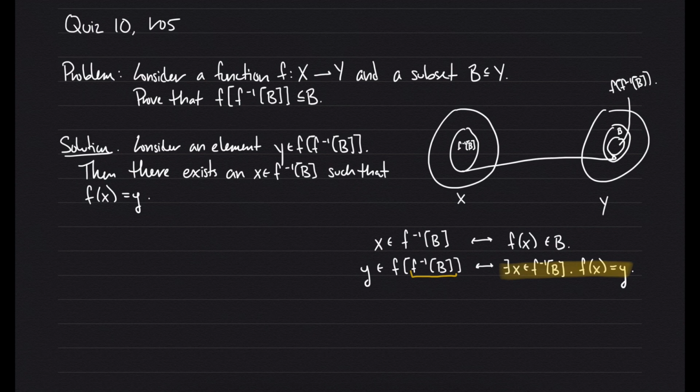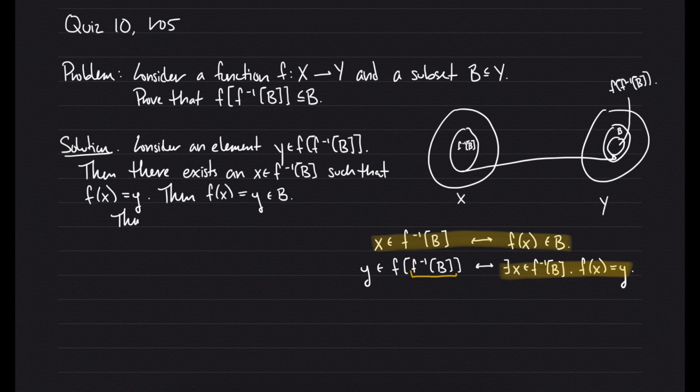From our definition of what it means for x to be in f inverse of B, that means something simpler, which is just that f of x is in B. So we can write that f of x, which we know is y, is in B. And now we're done. We've shown that y, which we initially supposed to be in f of f inverse of B, is also in B.